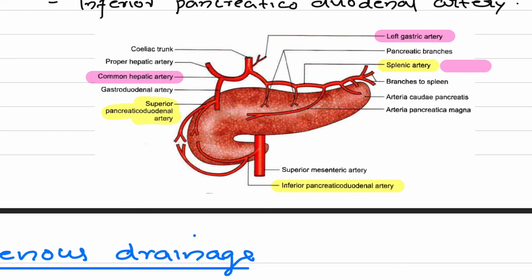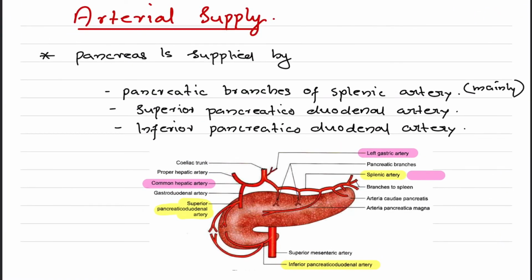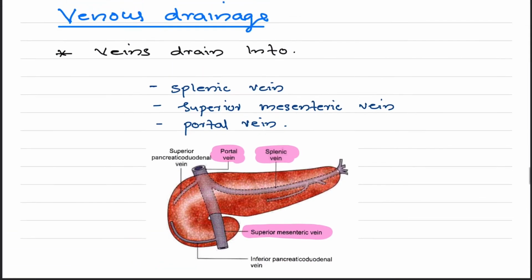Okay, and this is the splenic artery. The splenic artery gives multiple branches into the pancreas. So the blood supply to the pancreas is mainly by the splenic artery, then the superior and inferior pancreaticoduodenal arteries. The venous drainage: veins drain into the splenic vein, superior mesenteric vein and portal vein.